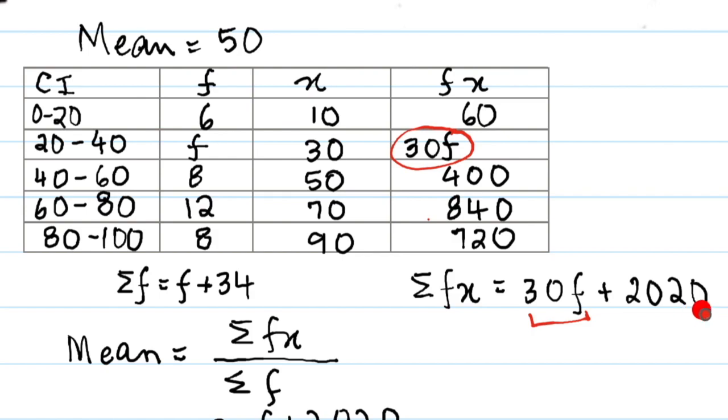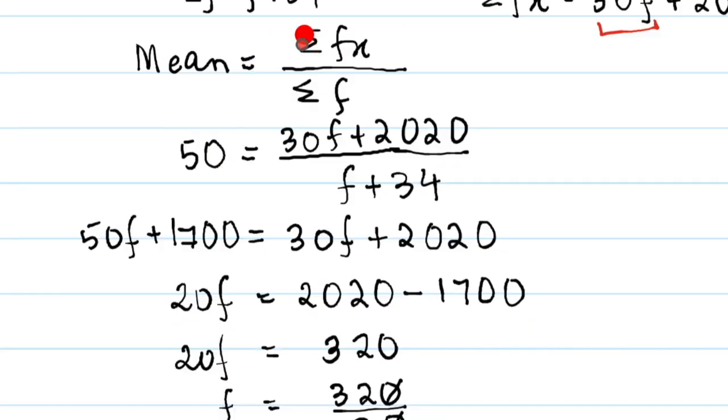Okay, so we get this as the total for fx, and here also it will be f plus 28, 34, f plus 34.